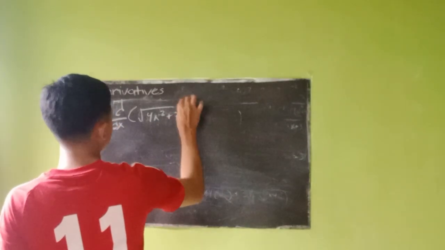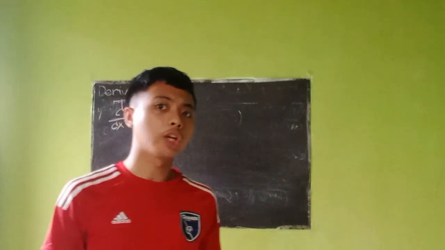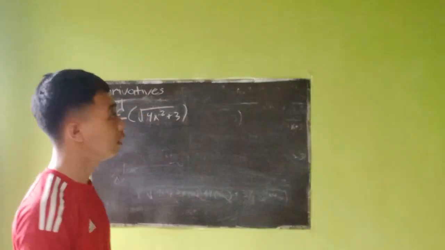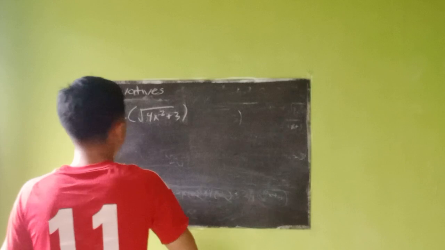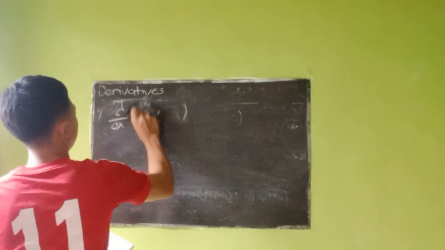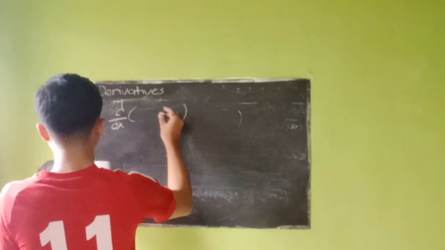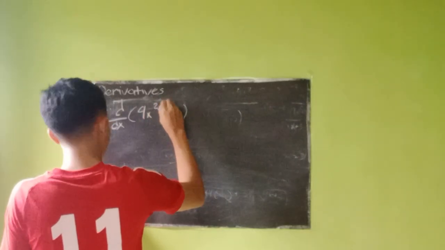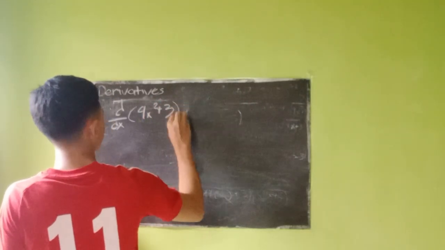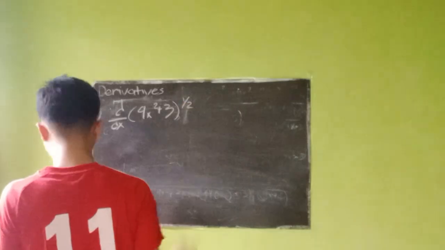First of all, to make sure that you won't have any confusion, we must turn the radical into its exponential form. So this will be the derivative of 4x squared plus 3 raised to the power of 1/2.